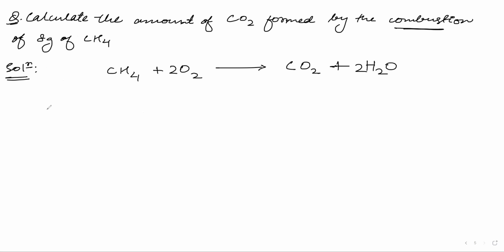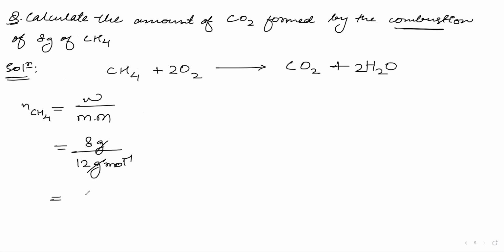Okay, so for CH4, we will first calculate the number of moles. For CH4, it is equal to given mass by molar mass. The given mass is 8 grams. The molar mass is how much? Carbon has 12, hydrogen will have 4. That is 16 grams per mole.